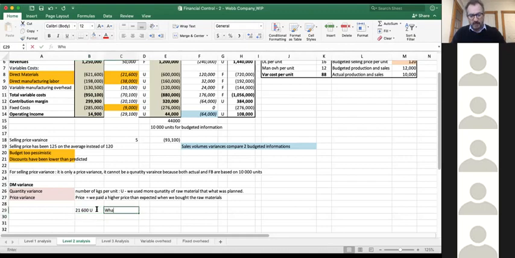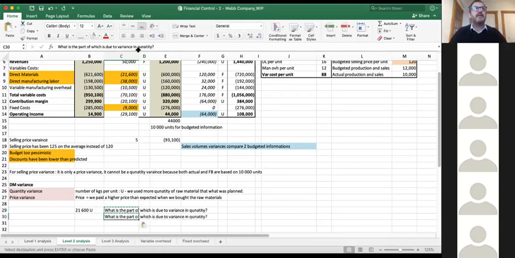What is the part of it which is due to a variance in quantity, and what is the part that is due to a variance in price?